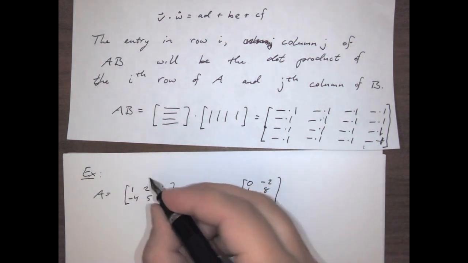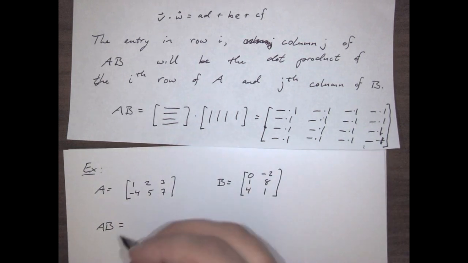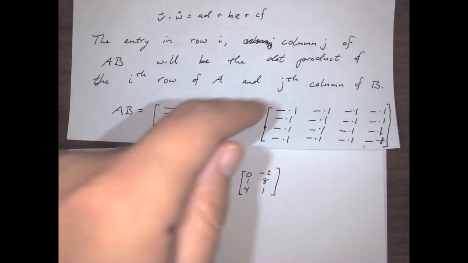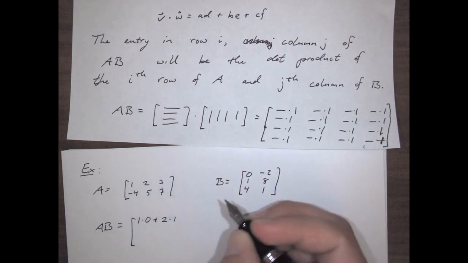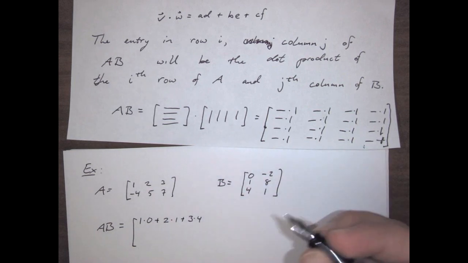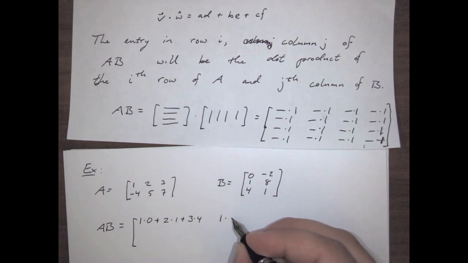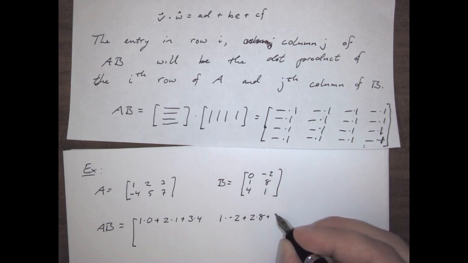So then, if we go rows to columns for AB, for the very first entry, we're going to have row 1, column 1. So that's going to be 1 times 0 plus 2 times 1 plus 3 times 4. That's entry number 1. For the next one, we have first row, second column: 1 times -2 plus 2 times 8 plus 3 times 1.